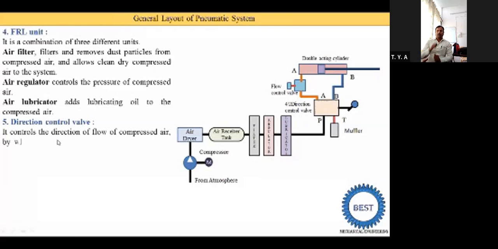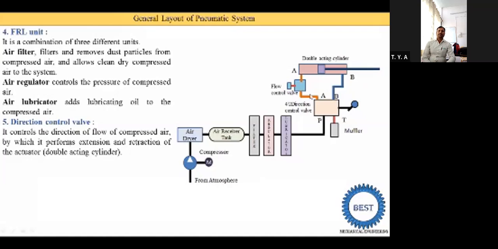It controls the direction of flow of compressed air, by which it performs the extension and retraction of the actuators, in a double acting cylinder.